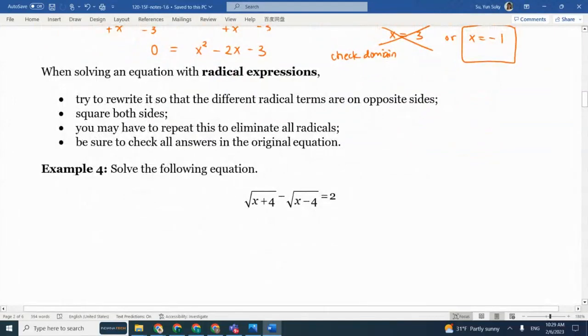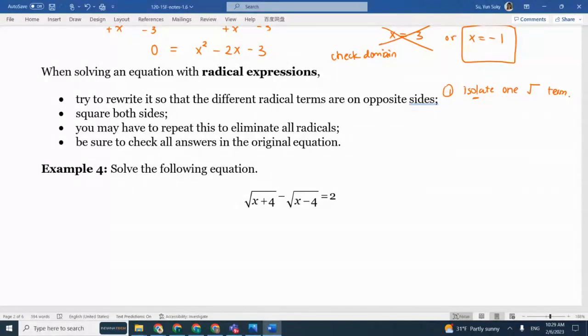Okay, so let's look at the steps. Step 1, try to rewrite so that the different radical terms are on opposite sides. I would say step 1, isolate one square root term. Isolate means on one side, we only have one square root term, and all the other terms are on the other side.